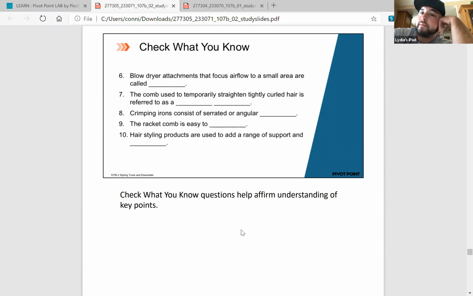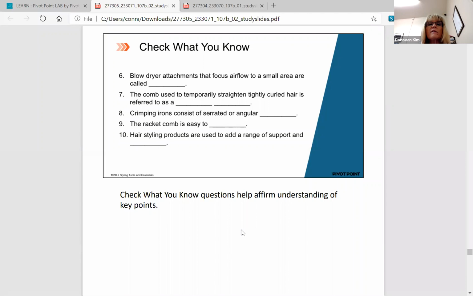Oh yeah. The comb used to temporarily straighten tightly curled hair is referred to as, we're doing this next week or tomorrow, one of these days, Friday. Pressing comb. Yeah.